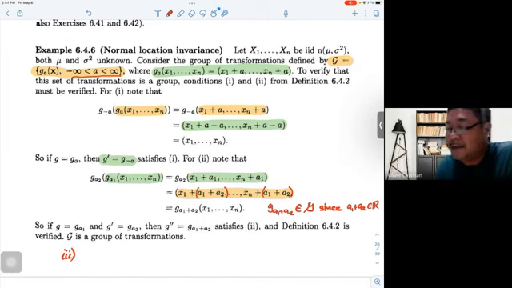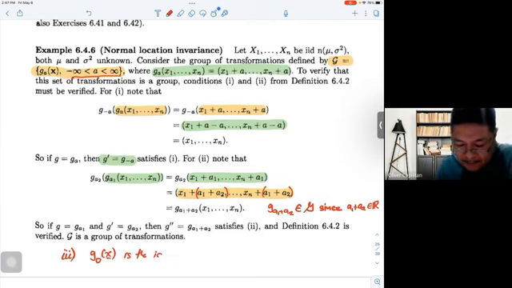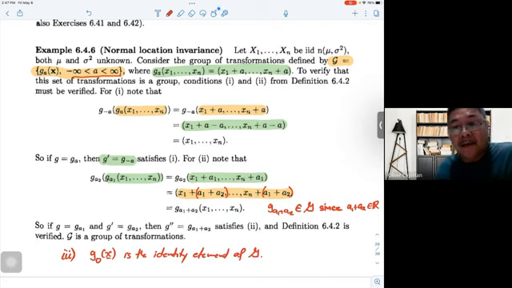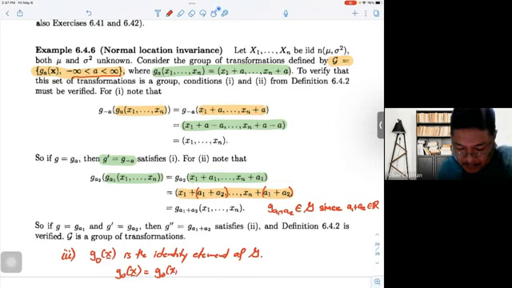Kung hanapin natin yung identity element, in this case, yung g sub 0 of x is the identity element. Elements of script G. Totoo naman yan. Kasi, sabihin natin, g of 0 of x1 up to xn.